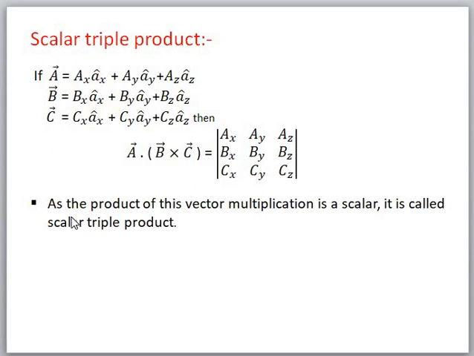As the product of these vectors is a scalar, it is called the scalar triple product.